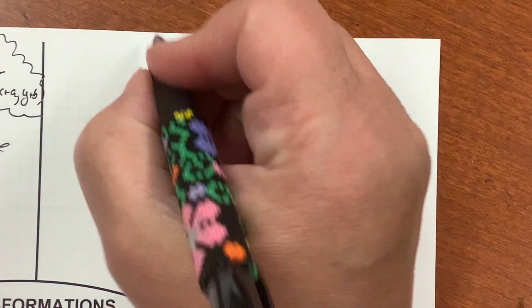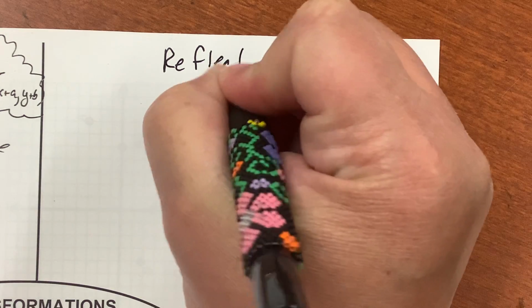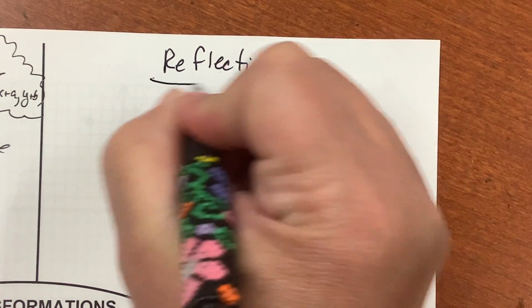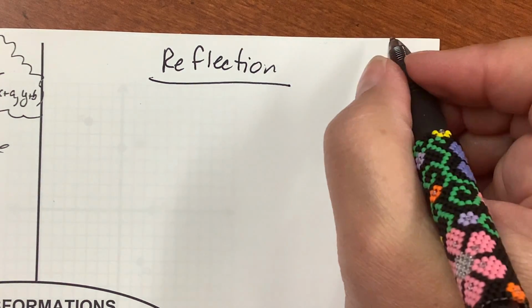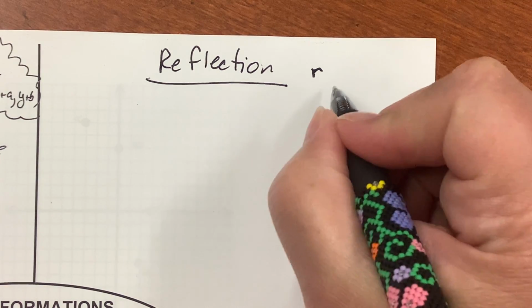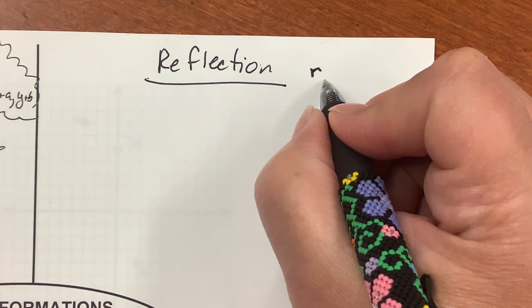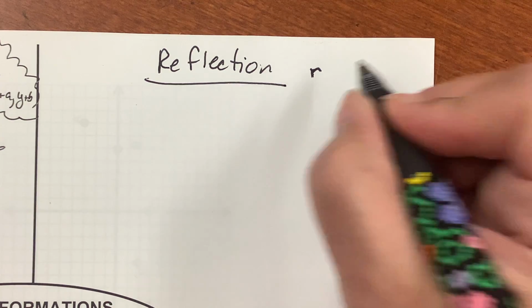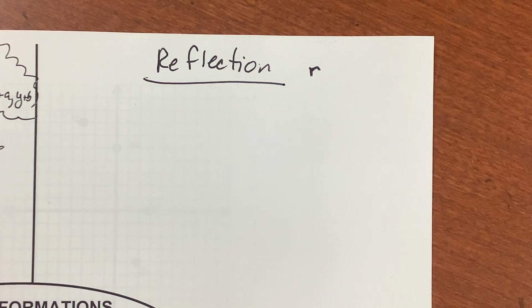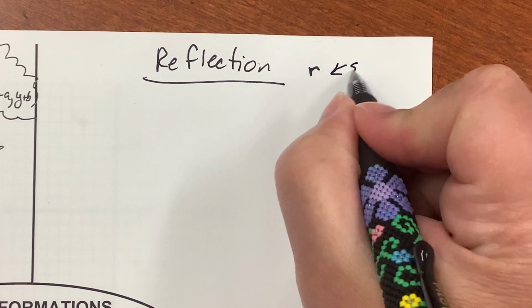Then, if memory serves correct, we did reflections. Remember, it flipped over a line or it flipped over a point. So let's write that down, reflection. And what was the symbol for reflection? It was a little baby R. And then on the bottom, it would tell you what it was reflecting over, so the x-axis or the origin, if it's flipping over a line or flipping over a point.